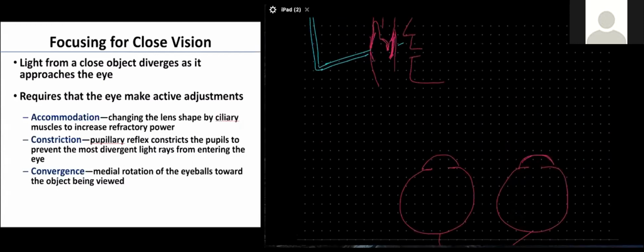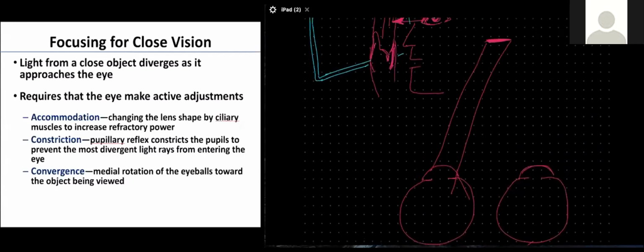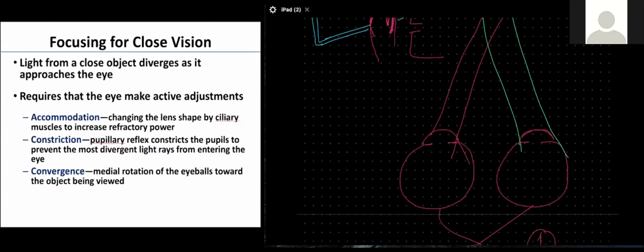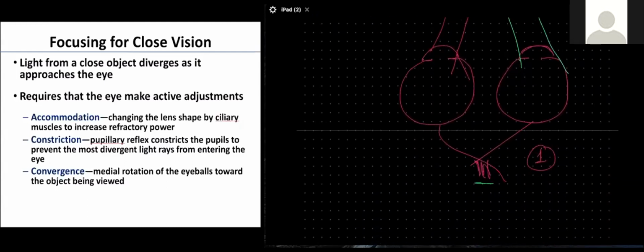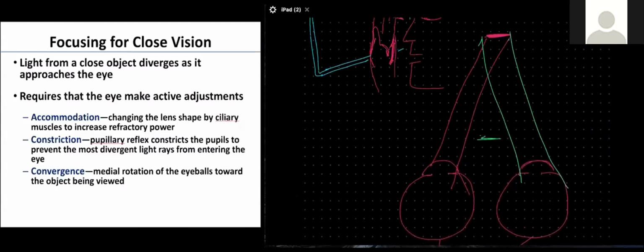So if I'm looking at a far object, the two pictures that arrive to my eyes are very close to one another, so it's easy for my brain to overlap. What if I'm looking at a close object?